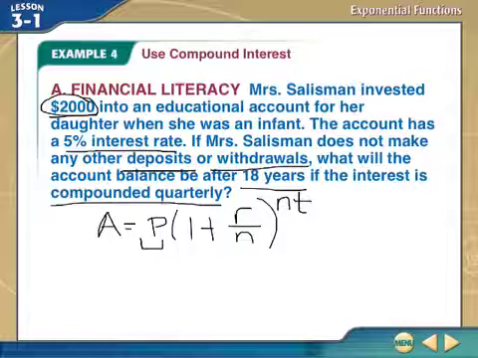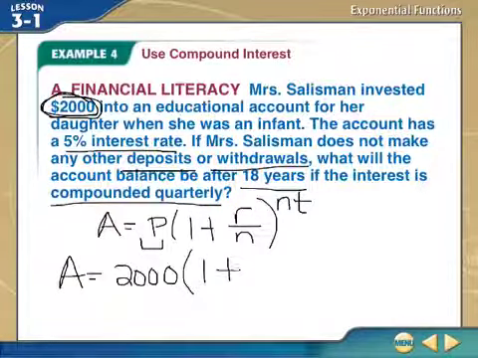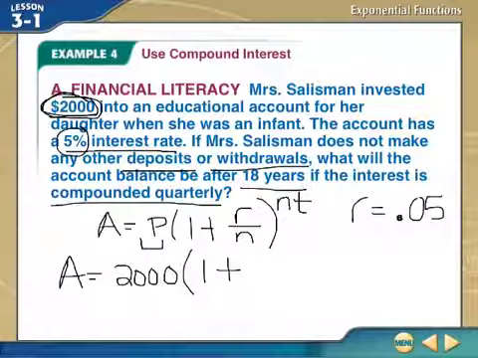In this case, the original amount of money put in the account is $2,000. So we're going to say A equals 2,000 times (1 plus, our rate is 5%. Our interest rate, R, is 5%. However, we are not going to plug in 5 for R. 5% as a decimal is 0.05.